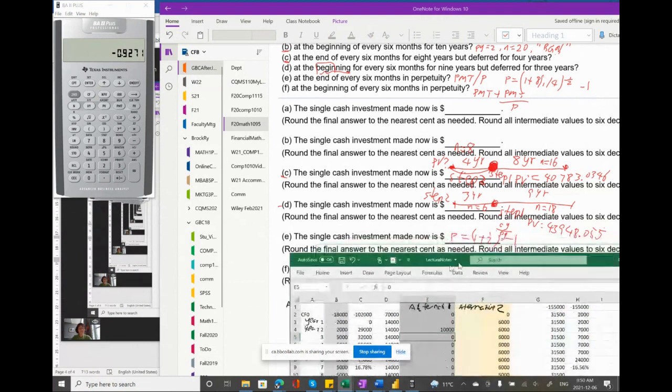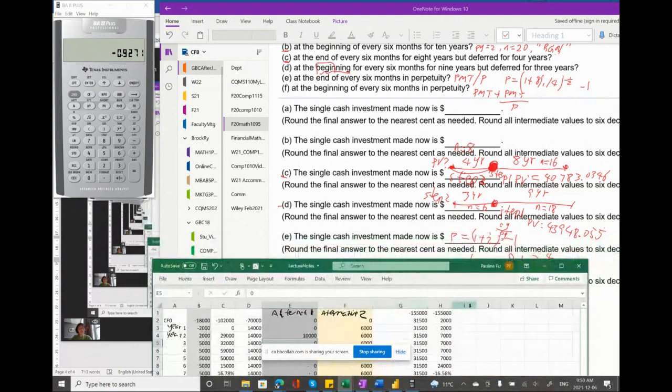I will use Excel to calculate P. P equal to 1 plus I, I is 8% compounded quarterly, raised to power C. C is CY over PY. CY is 4, PY is 2, then minus 1.